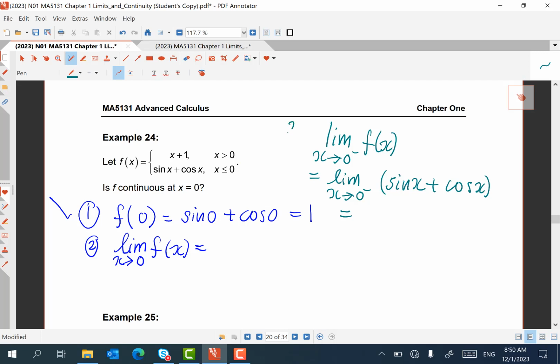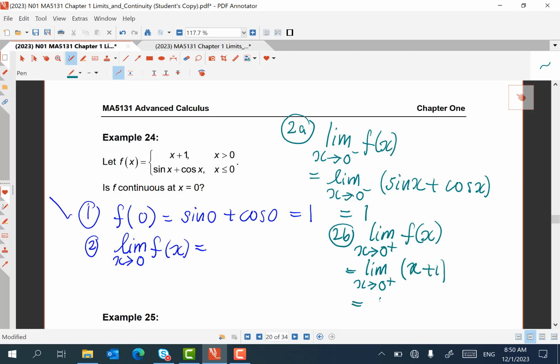If you like, for 2, you can call this 2a. So this is going to be 1. Then 2b, limit as x goes towards 0 plus. Then this is going to be x plus 1.